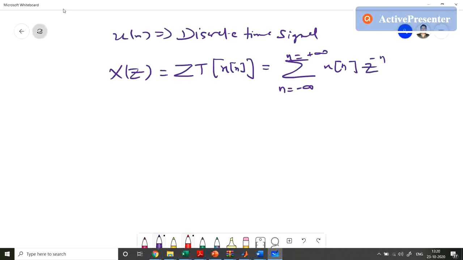Likewise, we can define the Z transform for the unilateral case also.